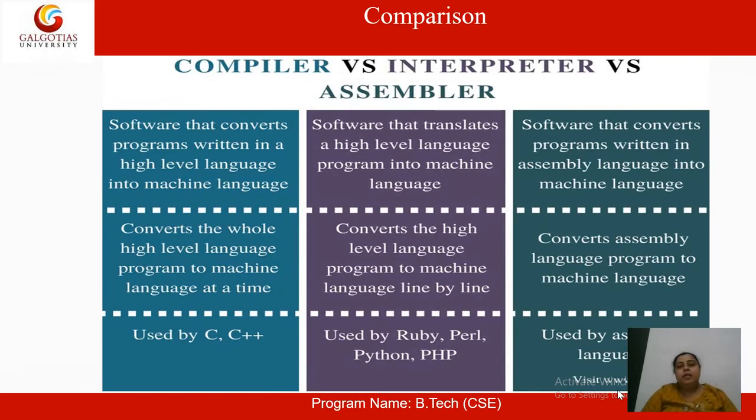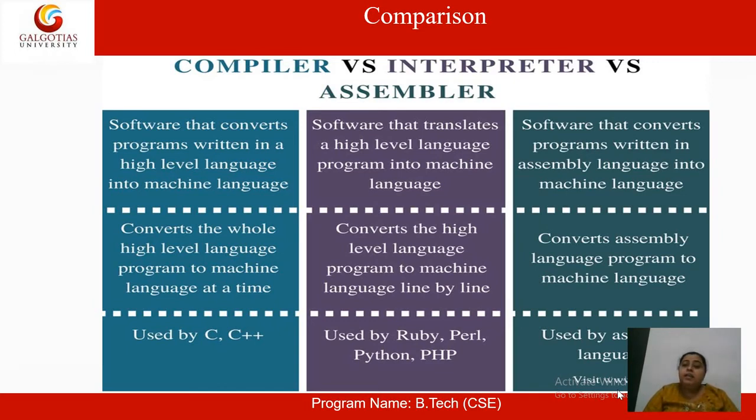Now let's compare all three together: compiler, interpreter, and assembler. A compiler converts a high-level language to a low-level language. The same is true of an interpreter. But an assembler converts the assembly-level language into machine-level language.